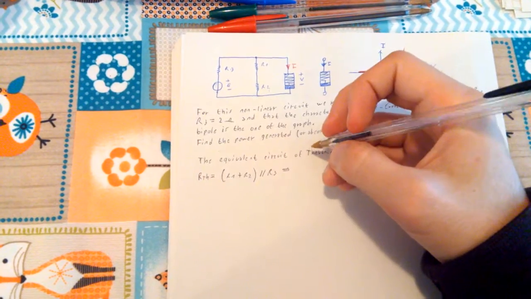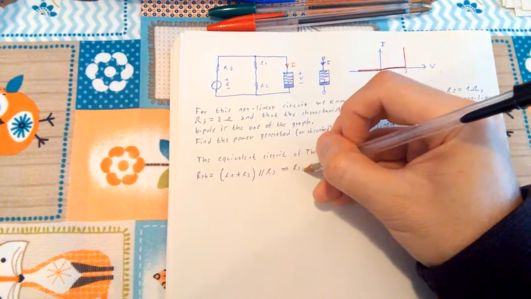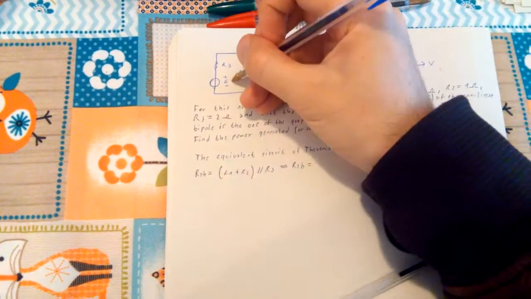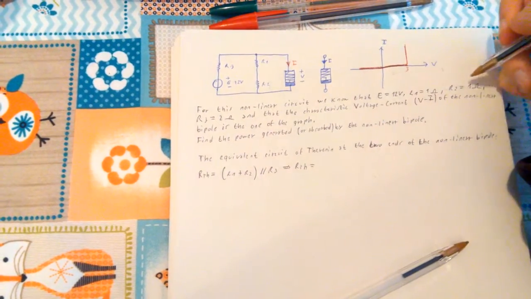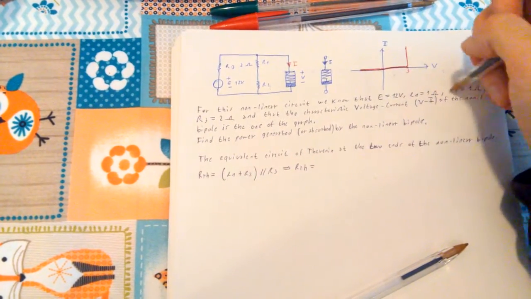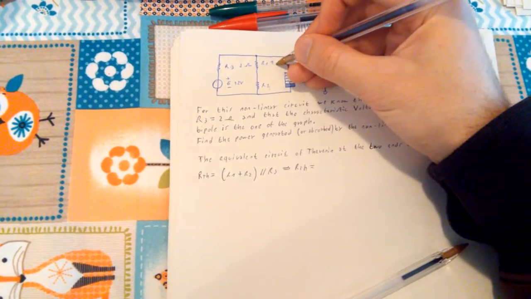So let's plug some numbers in here. We know that E is 12 volts, R3 is 2 ohms, and those two instead are 1 ohm each.